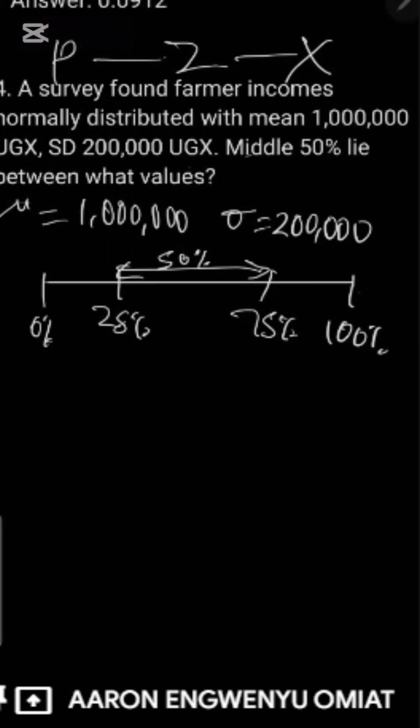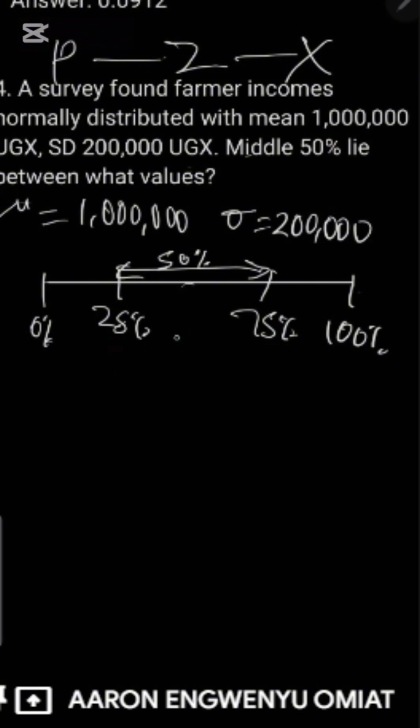So the question says a survey found farmers' incomes normally distributed with a mean of 1 million and standard deviation of 200,000. And they're asking the middle 50% lie between what values? We know that the middle 50% is between 25% and 75%. How do you do it?